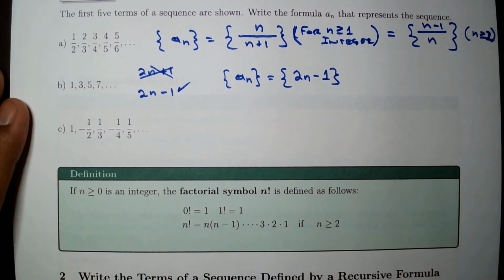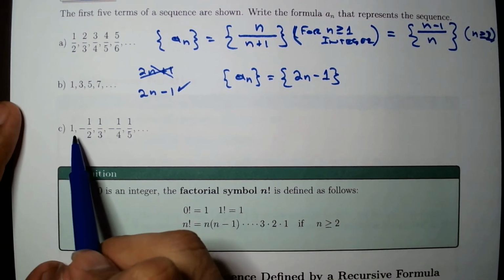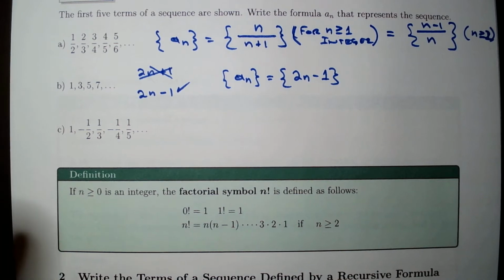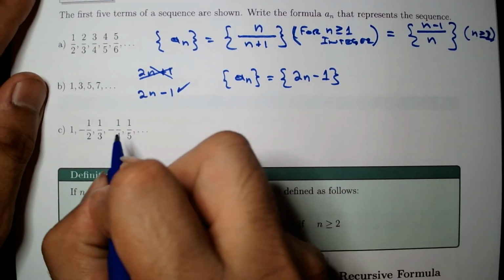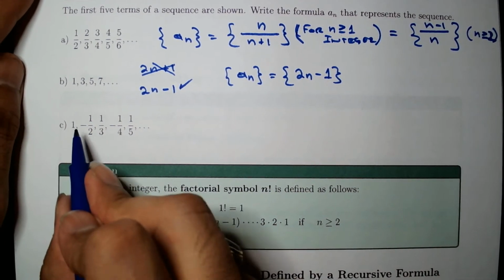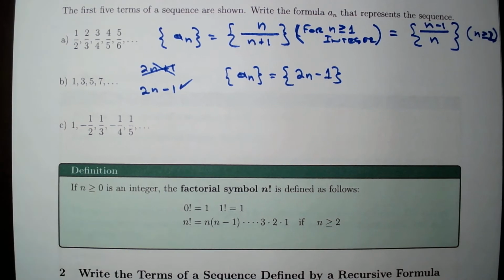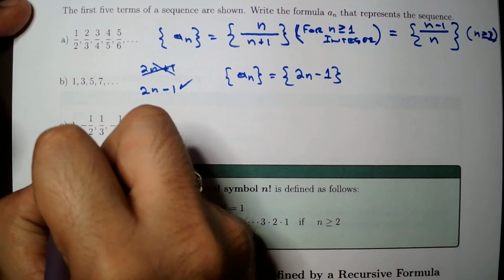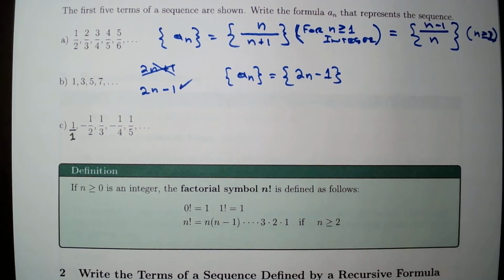All right, letter C. Oh, that's going to be an interesting one because number 1, it has alternating signs. Okay, it has alternating signs. Let's see what about this one. Well, in this case, what you might want to do is have this first term to be 1 over 1, make it look like a fraction so we can easily see the pattern.